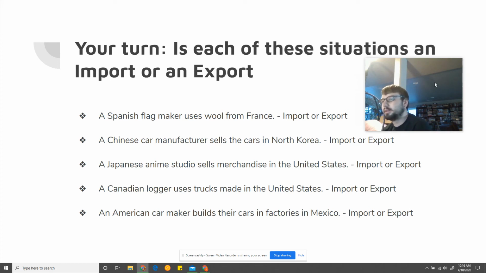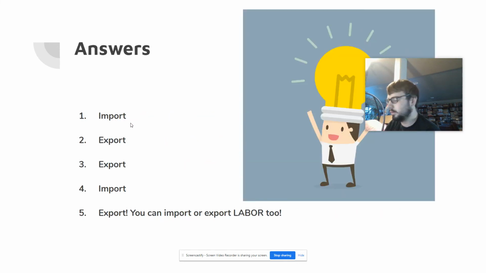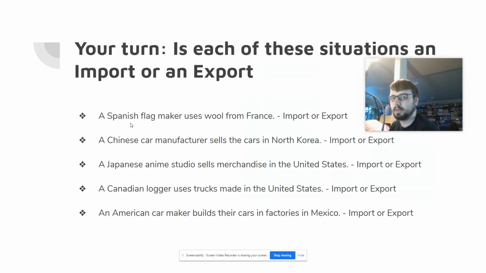Now I'm going to give you a little hint here. When you're thinking about this, you want to start at the beginning. I'll go ahead and help you guys with the first one. A Spanish flag maker uses wool from France.